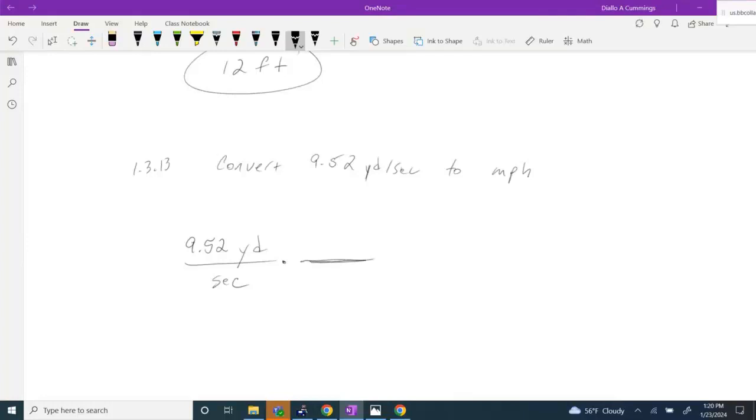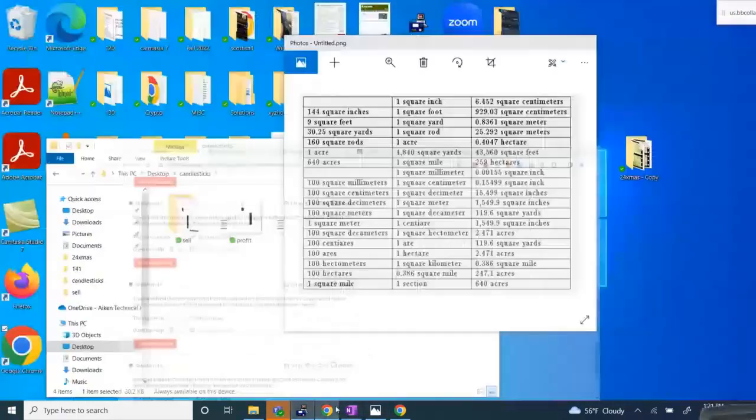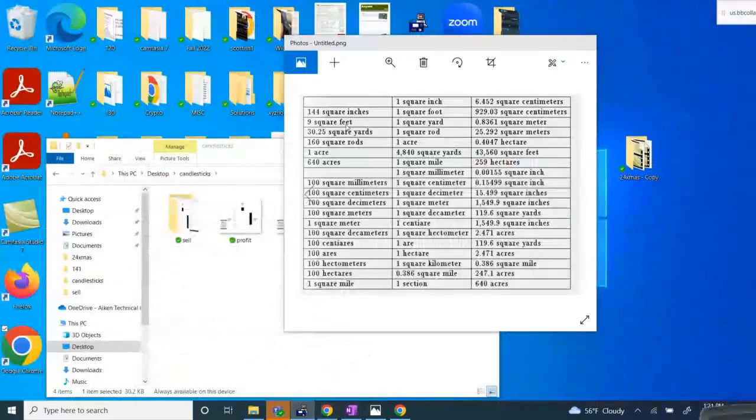So I'm going to put yards in the denominator, and I'm going to put miles in the numerator. So I'm going to write out the conversion. Let's see, is that on our conversion sheet? From miles to yards.